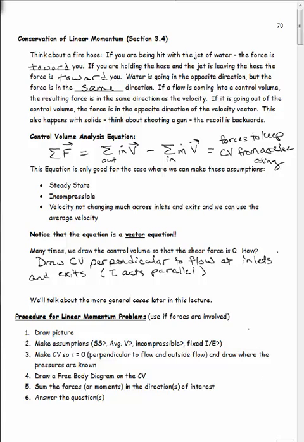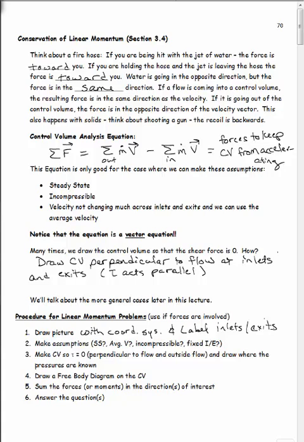So what you want to do is start with a picture, and on your picture you are going to put in a coordinate system. Could be rectangular, could be cylindrical. You also want to label your inlets and exits. That's very important. Okay, so whenever you're doing these problems, start with a picture.